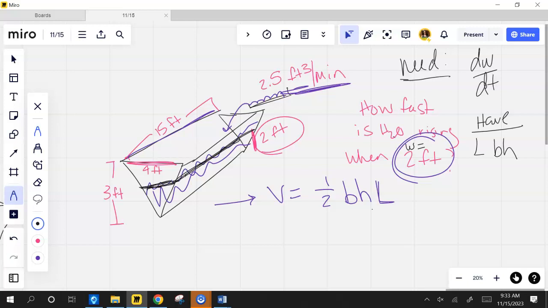We have all of this. We just don't have it related to a W. So how are we going to relate it back to it? And we have dV/dt, right? That's how fast it's flowing in. Okay, so now what do we do?